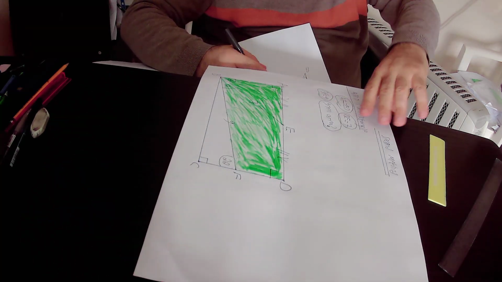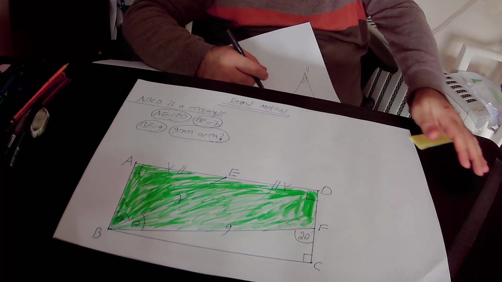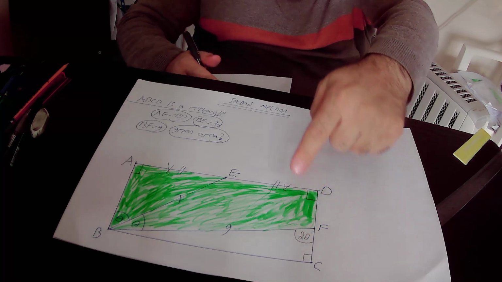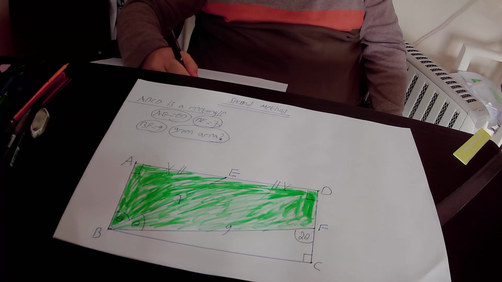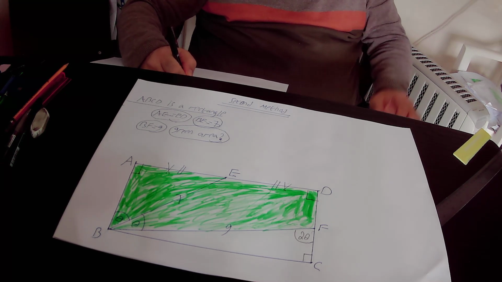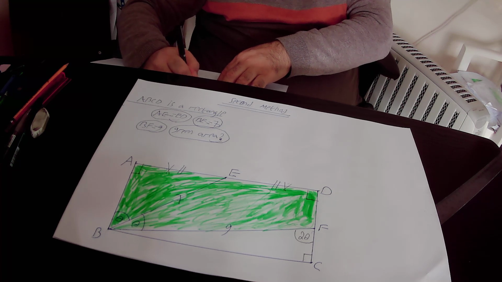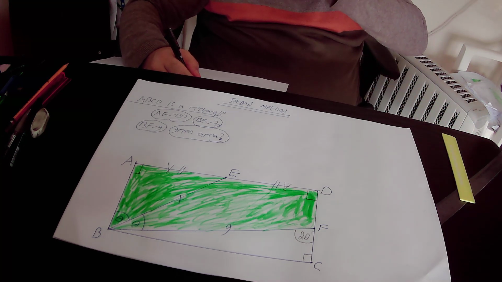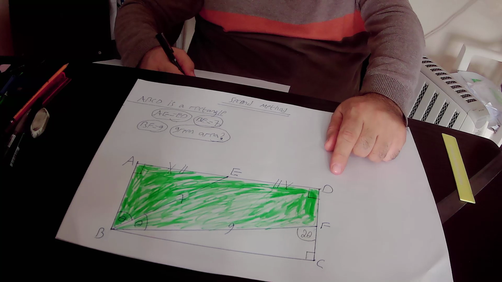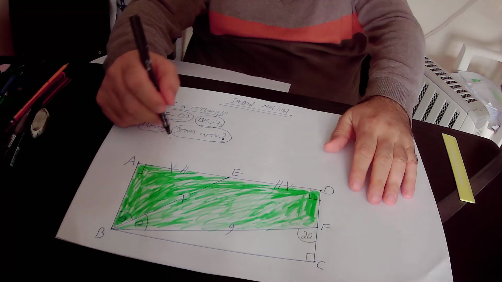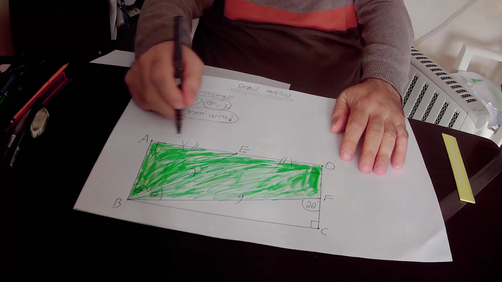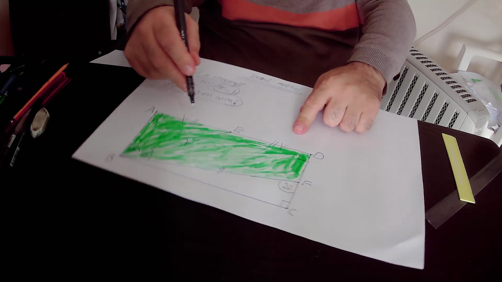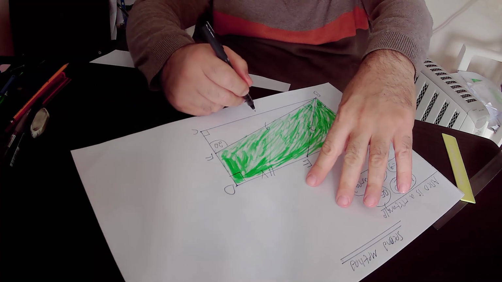And in the right triangle BFC, first of all, we know that the opposite sides of a rectangle are equal, that is to say AD is equal to BC, but AD equals 2x, so BC is also equal to 2x.